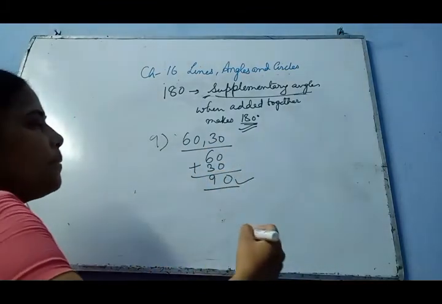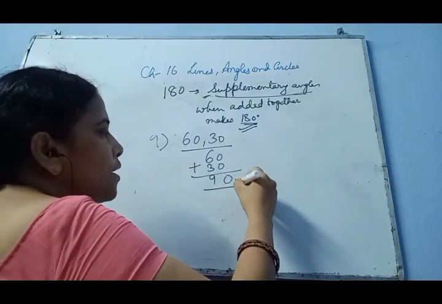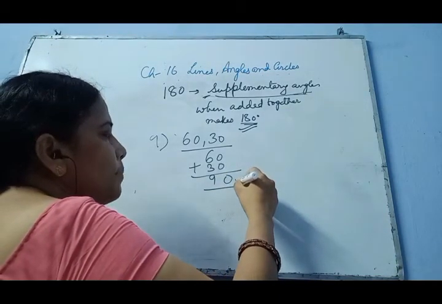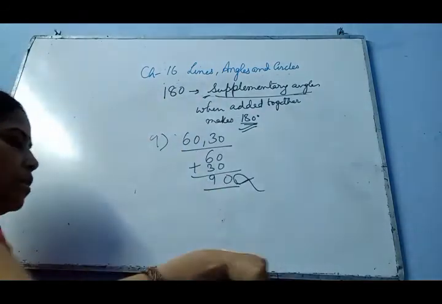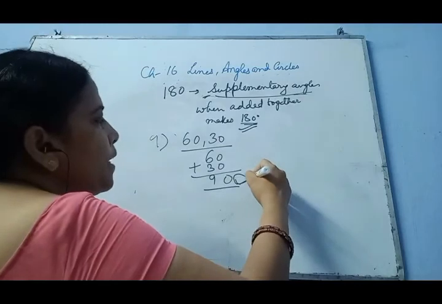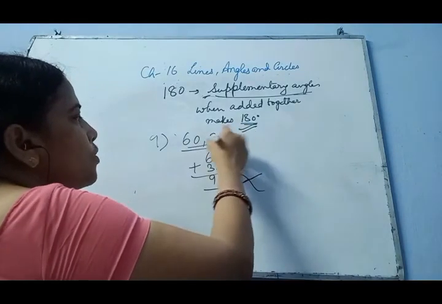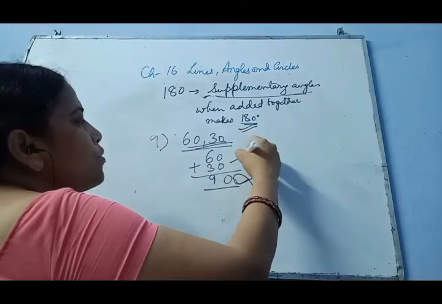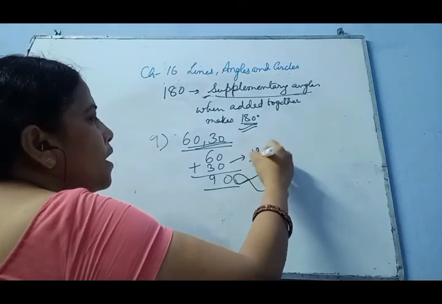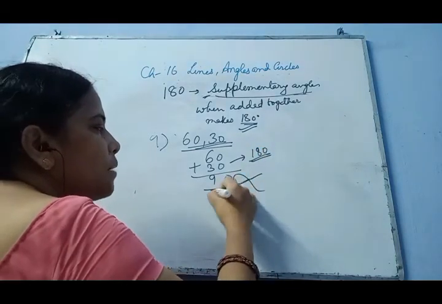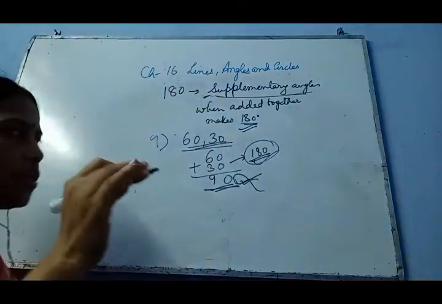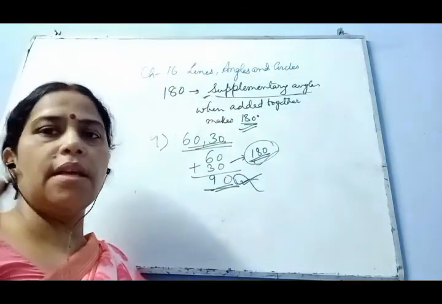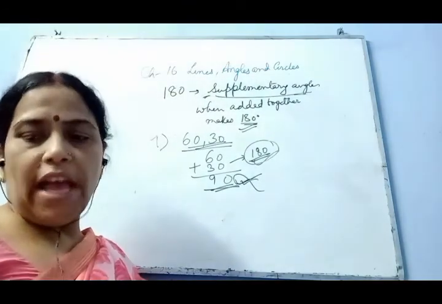Is this a supplementary angle? No, this is a complementary angle. So 9A is not a supplementary angle, because the sum should come to 180, but it has come to 90, which is complementary. 180 will be supplementary.